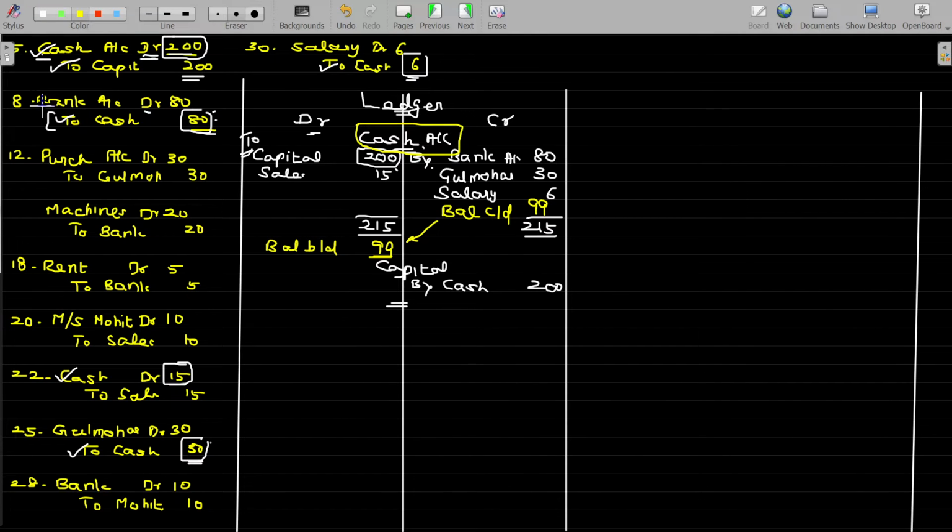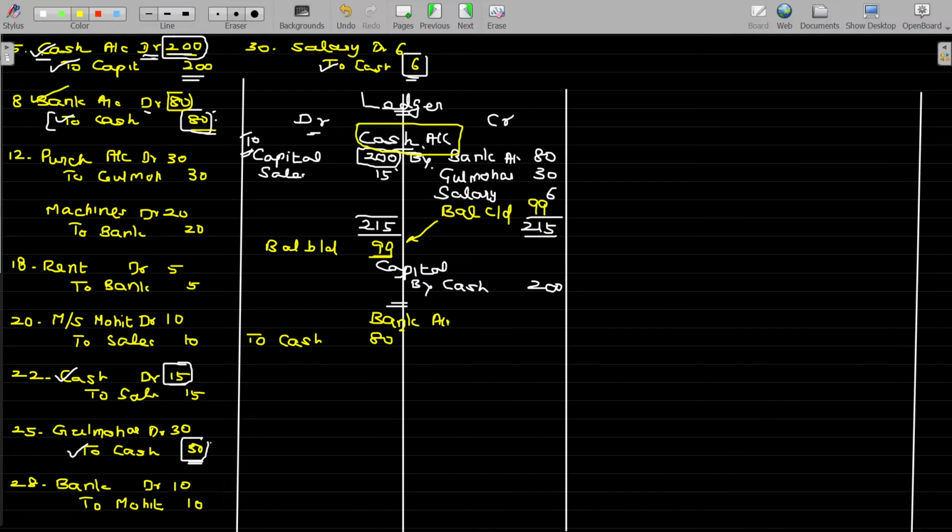Now, let's move on to the bank account. I have to open the bank account here. In the bank account, the value is 80 in the debit side. I put the value 80 in the debit side. The term used here will be the opposite one, to cash. To cash 80. Do I have any other bank entry?